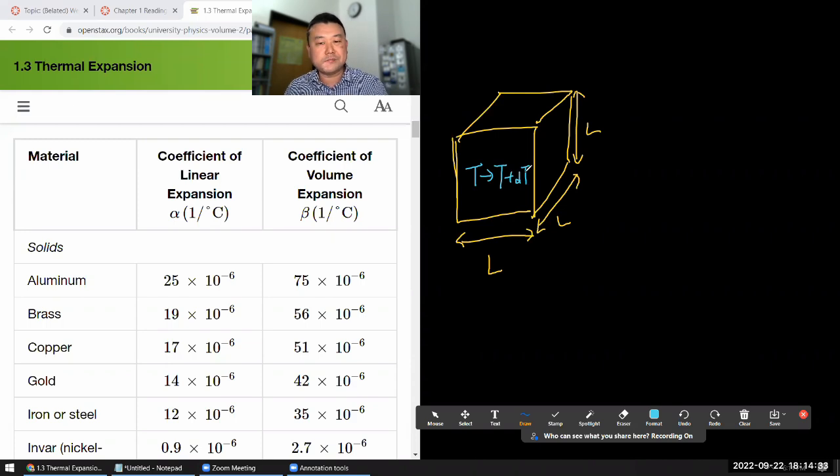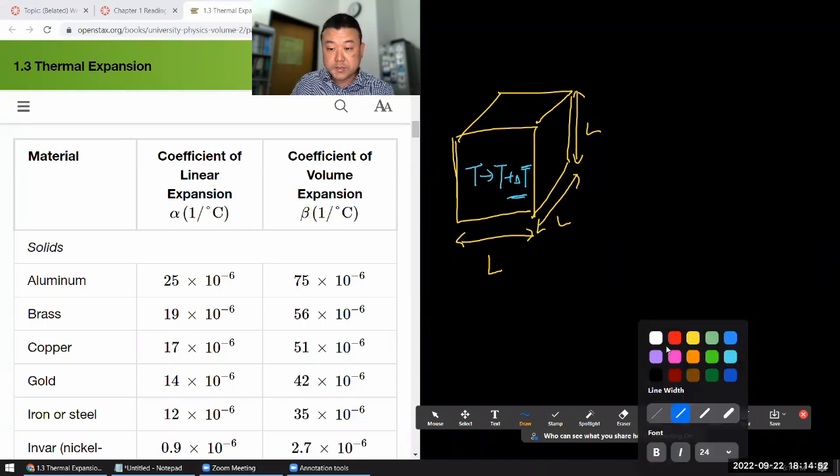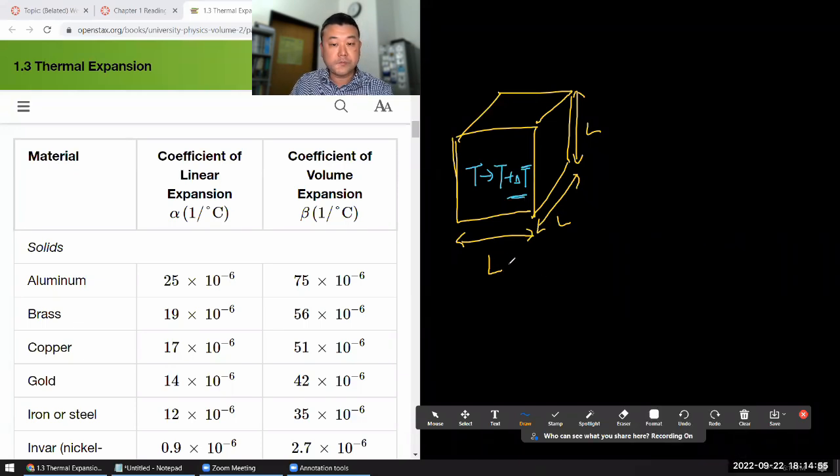Or it doesn't have to be infinitesimal. If you don't want to bring in calculus so early, you could start out with some delta T, a small but not infinitesimal change of temperature. That change of temperature will induce a change of length. So you will see the length change from L to L plus delta L, which will be related to delta T through the coefficient of linear expansion.